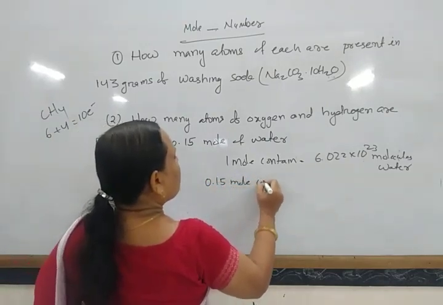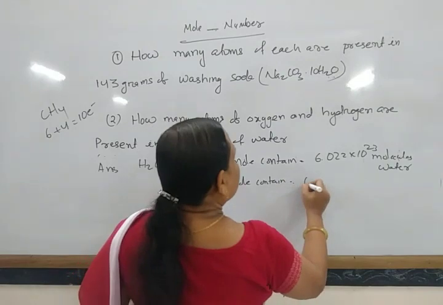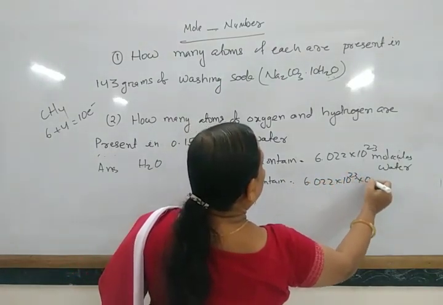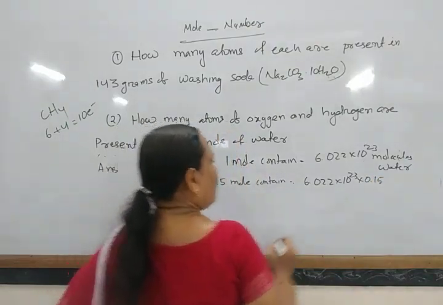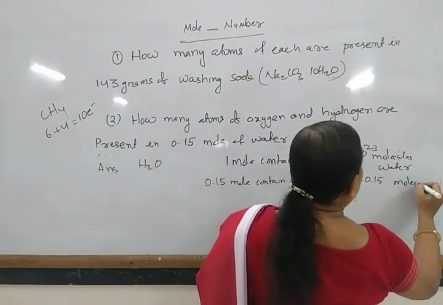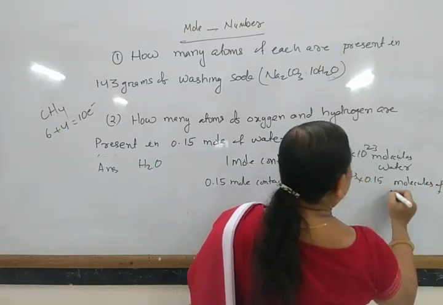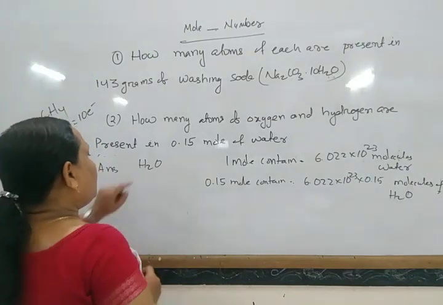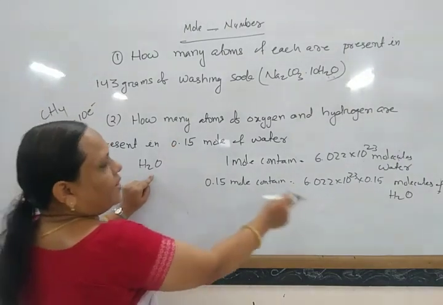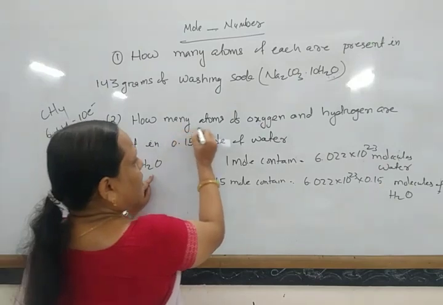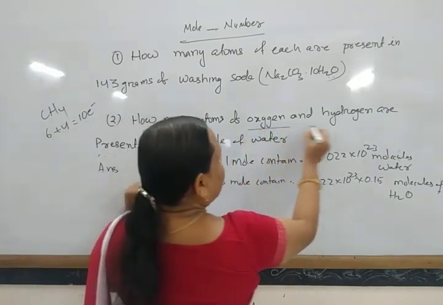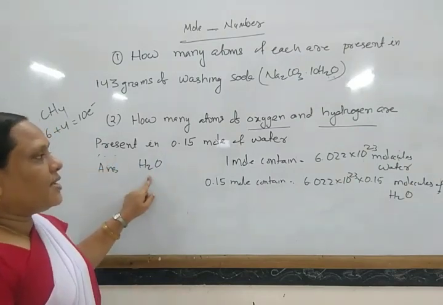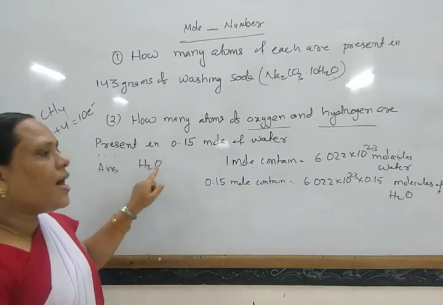Then 0.15 mole contains 6.022 × 10^23 into 0.15 molecules of H2O. But the question is not about molecules, the question asks how many atoms of oxygen and hydrogen. So one molecule of water contains how many oxygen? 1 oxygen.